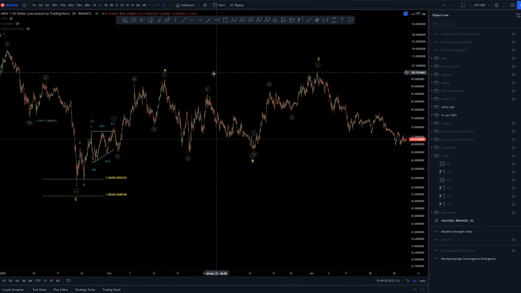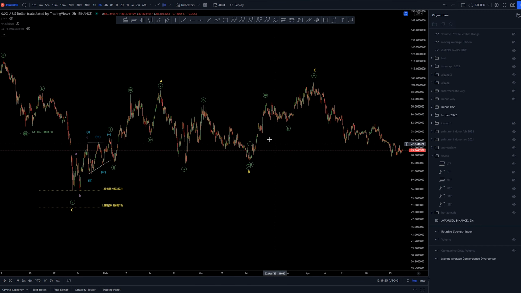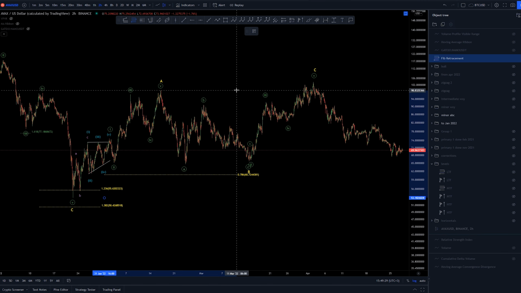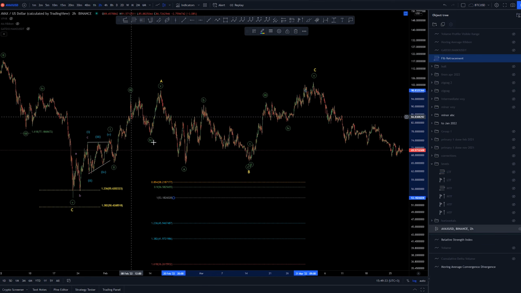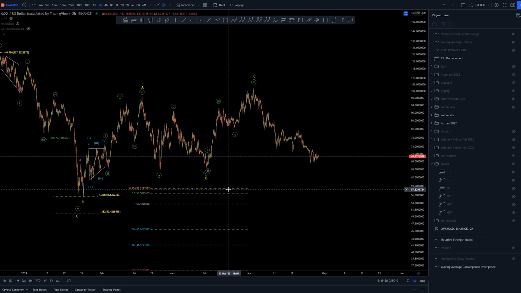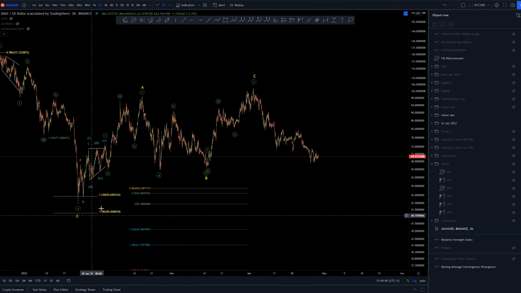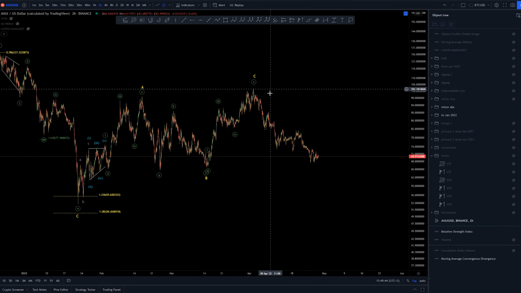This brings us to A. Then we have some kind of three-way retracement into B. Now this has not come to the flat area where it needs to go to if we want to have this minor or yellow structure as a flat. So again, it is fine for us to be calling this a zigzag.